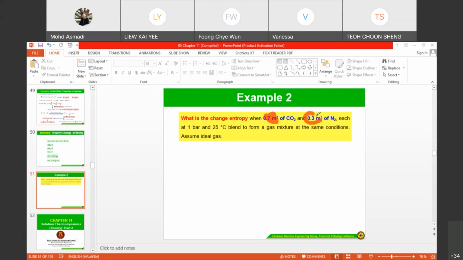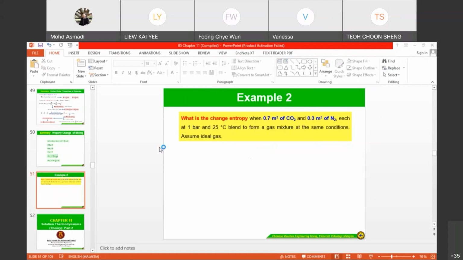Once you add both the volume fractions, you get a total of 1 cubic meter because it is ideal. So when you add, it is going to be the exact number, it is not going to be reduced. So please calculate the fractions.